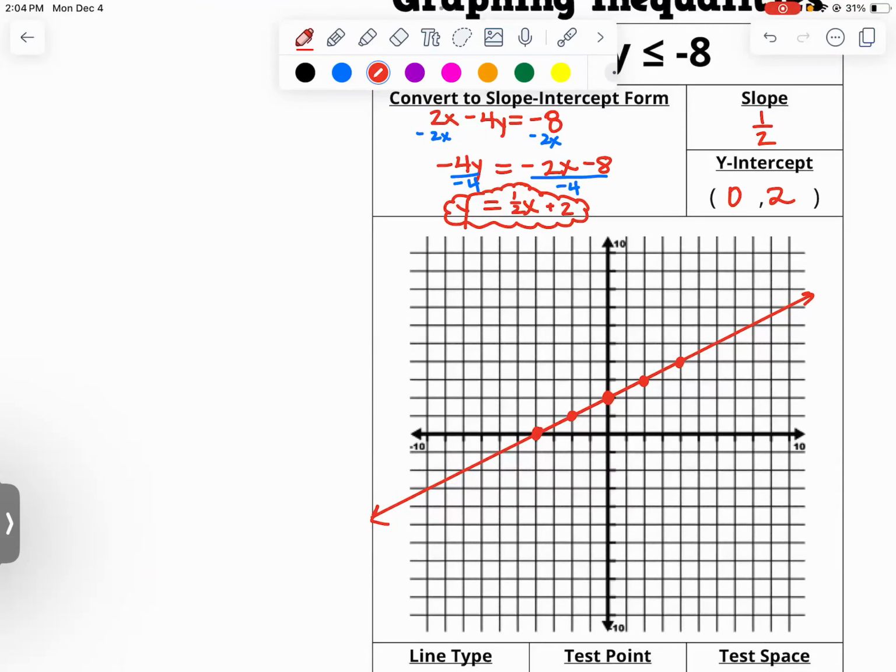Brooks, grab me a ruler. Let me just pass it out to the class.